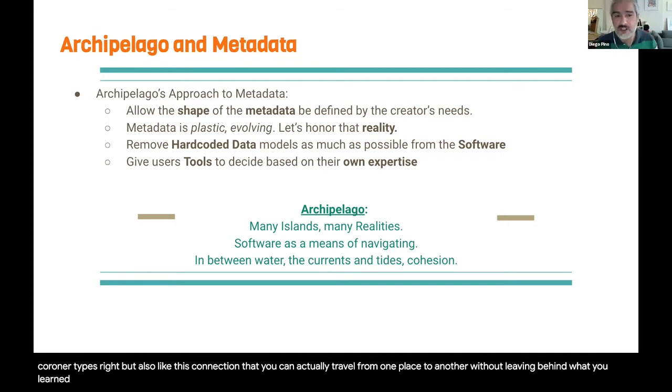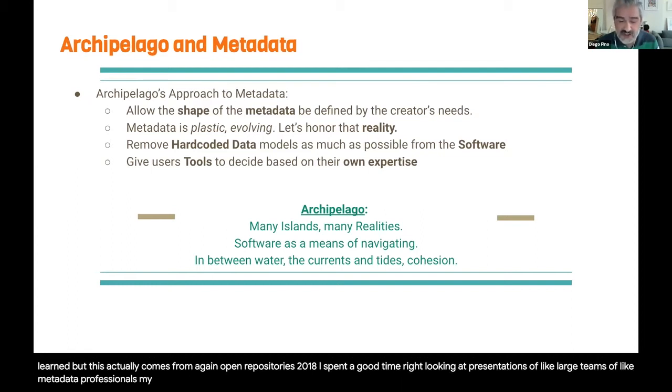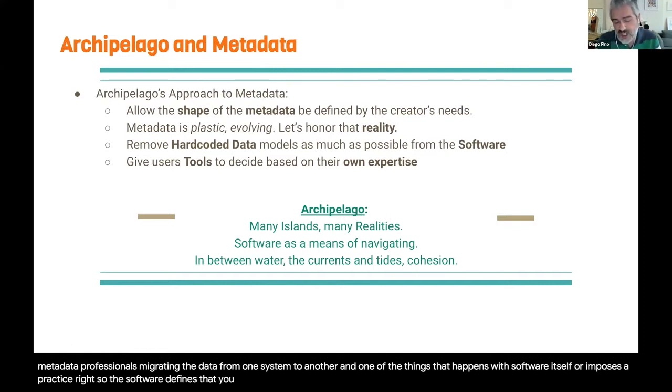without leaving behind what you learned. I don't have a slide for this, but this actually comes from, again, Open Repositories 2018. I spent a good time looking at presentations of large teams of metadata professionals migrating data from one system to another. And one of the things that happens with software is that software imposes a practice, right? The software defines that you have to catalog things in MODS or in Dublin Core. It defines certain types of objects you can have.